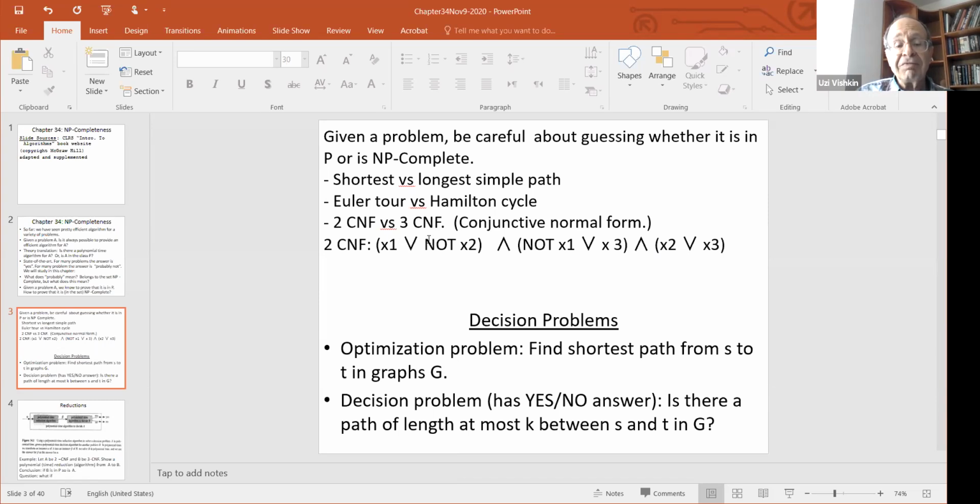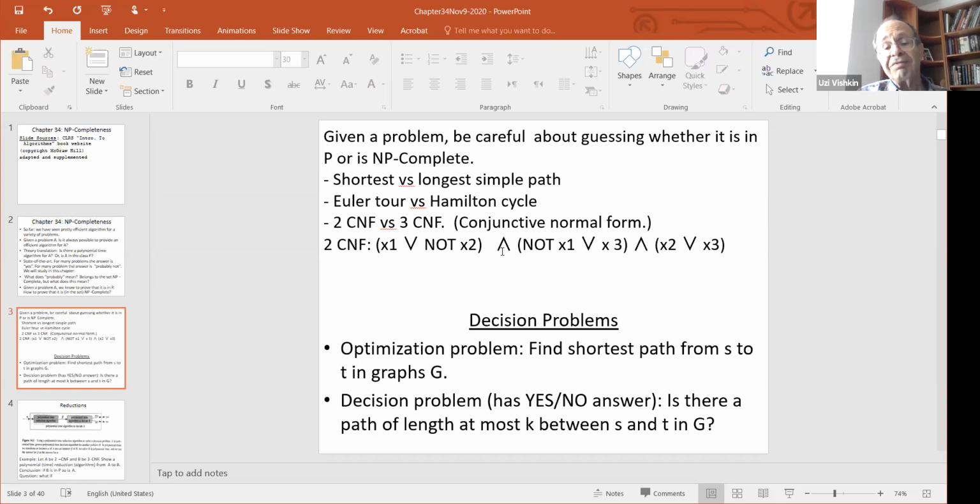So for CNF, the formula can be only of the following form, that you have parentheses. In the parentheses, the lowest level of parentheses, so the depth of parentheses is 2. The lowest level includes ors, and between the ors, you can have ands.